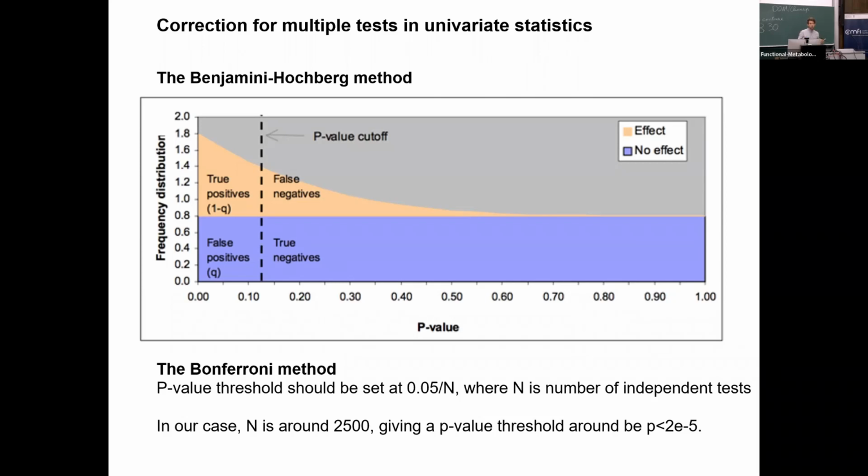But I've decided that we should use instead the Bonferroni method, which is a bit more strict, but on the other hand, is easier to calculate. It just sets a new p-value threshold by dividing 0.05 by n, which is the number of independent tests you run. So in your case, it's going to be the number of metabolite features you have in your data set.